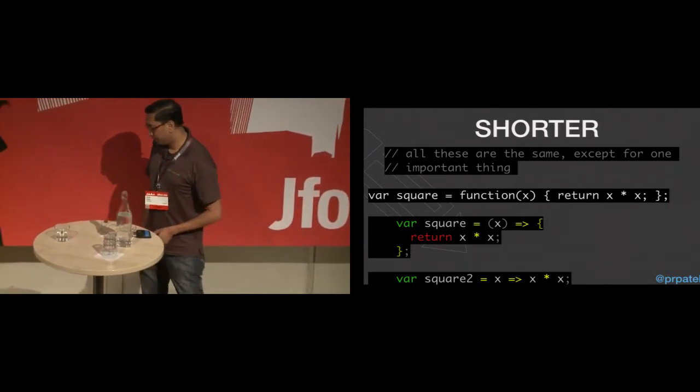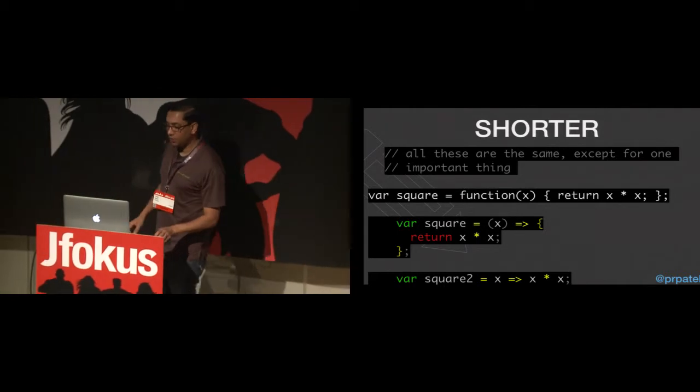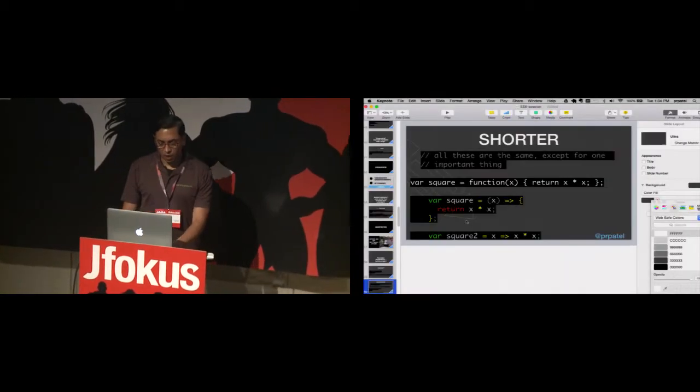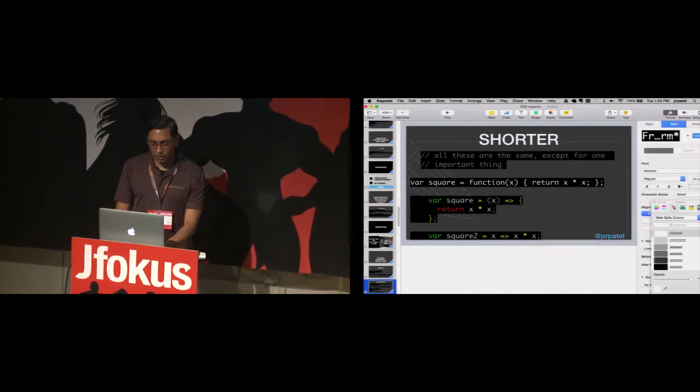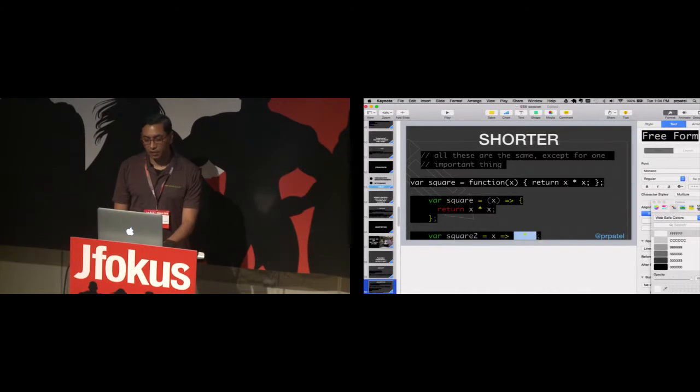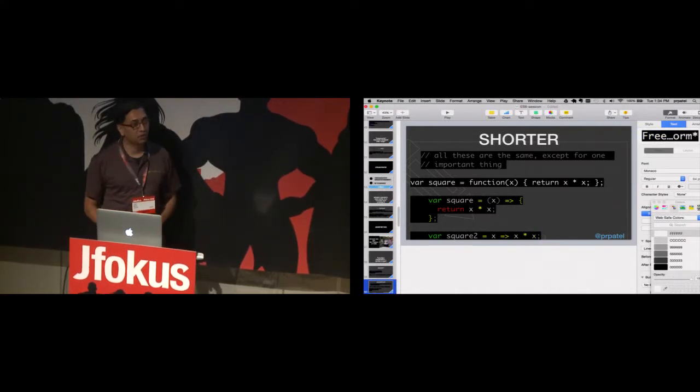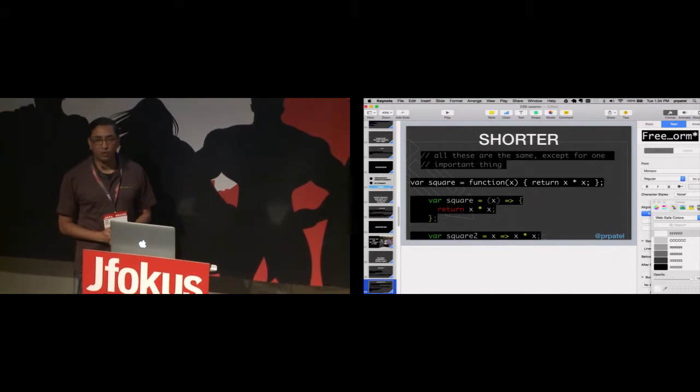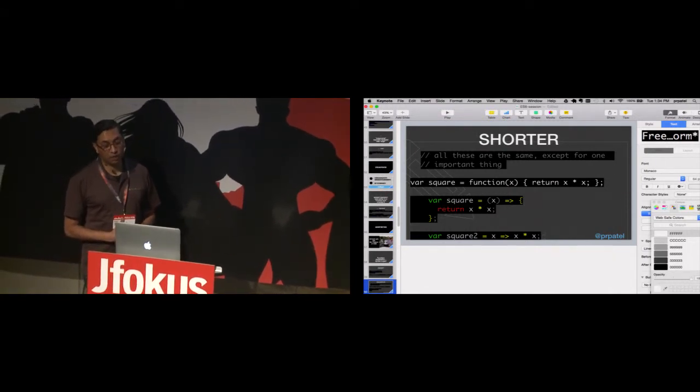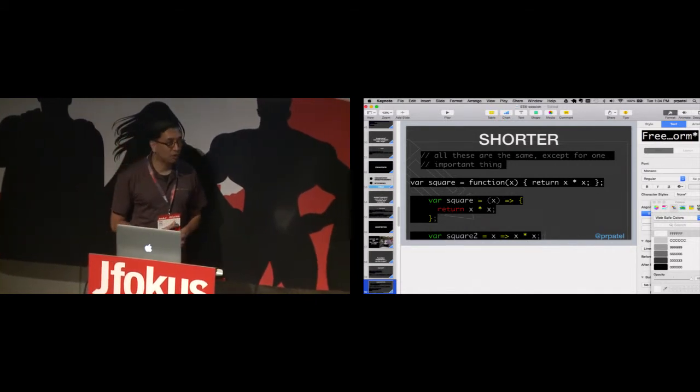In fact, because this is such a simple function and we're just returning something at the end, what we can actually do is take out these parentheses here, take out the open close curly braces, take out the return, and then we are simply left with the x, which is this guy here, the arrow, which is our arrow function declaration syntax, and then the guts, or the body of the function, which is just x times x. Right? So this is kind of nice. We've reduced a bunch of characters of code into smaller, more expressive code.